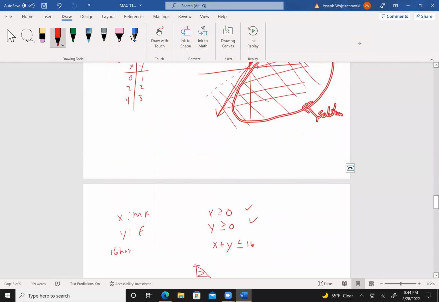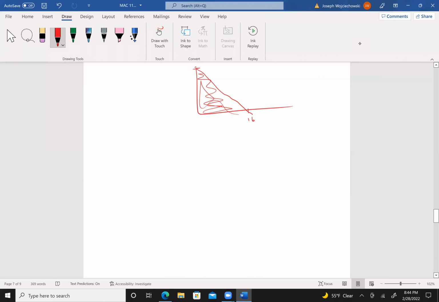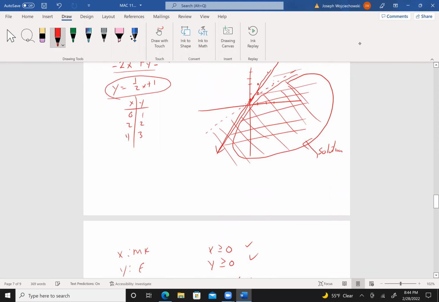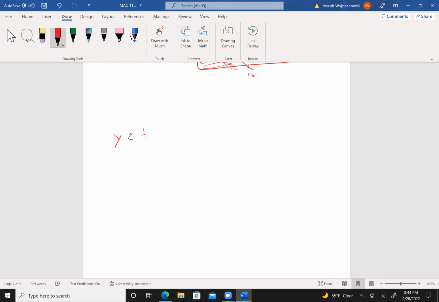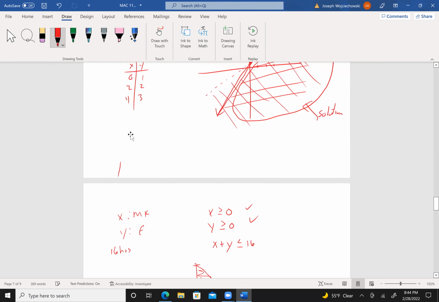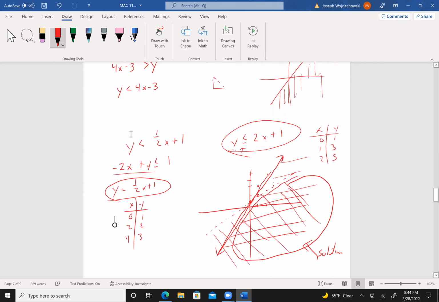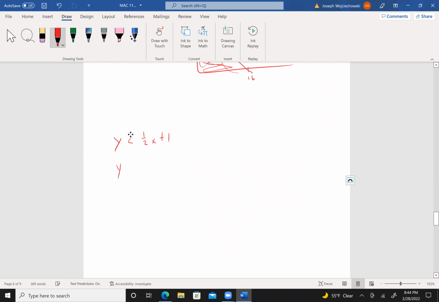What was that? y is less than 1/2 x plus 1, and y is less than or equal to 2x plus 1. So essentially, let's plug these into our calculator.